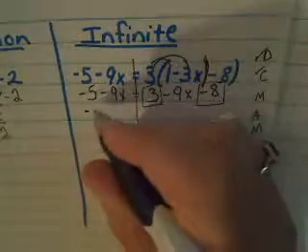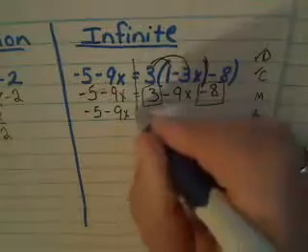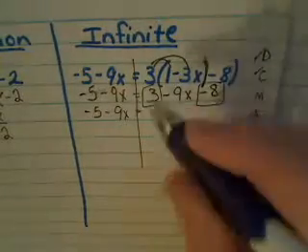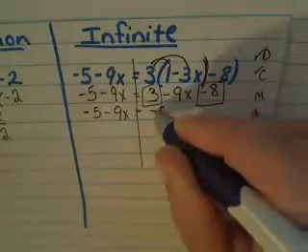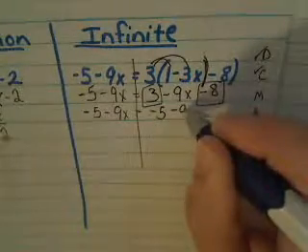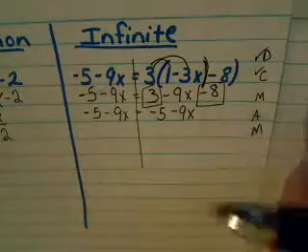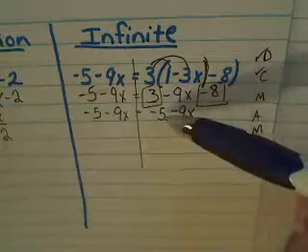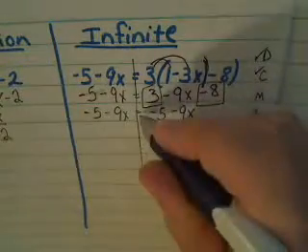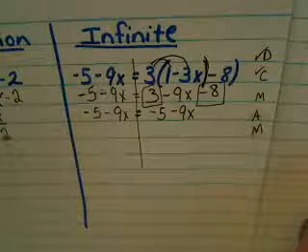So I'm just going to bring this down, and 3 minus 8 is a negative 5. And then I'm going to bring down the minus 9x. Now personally, I can already see this is infinite because if you have the same thing on both sides and it says equal, then it's infinite solutions.